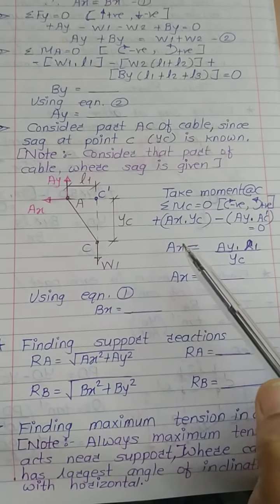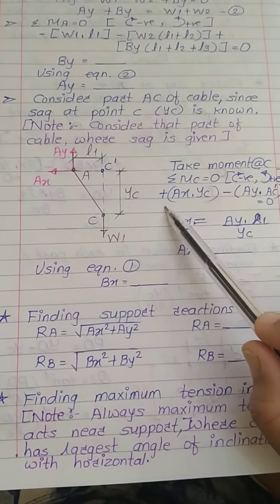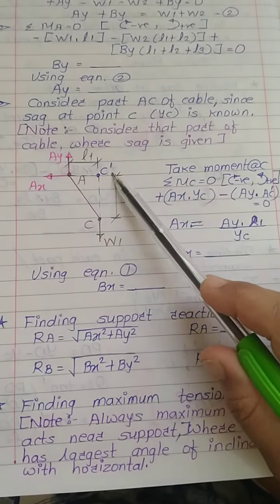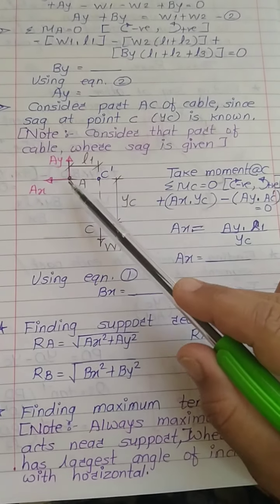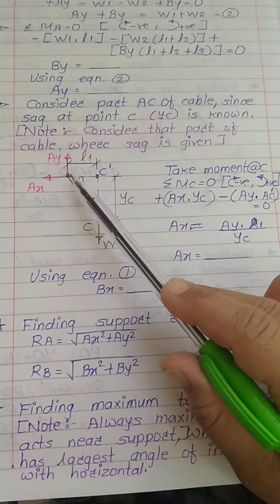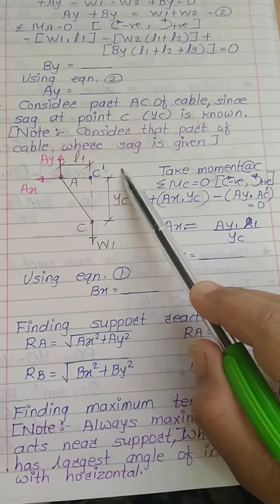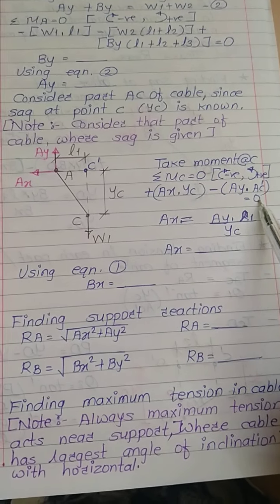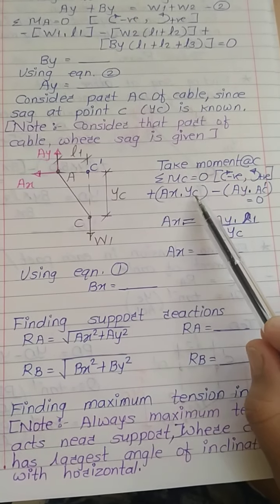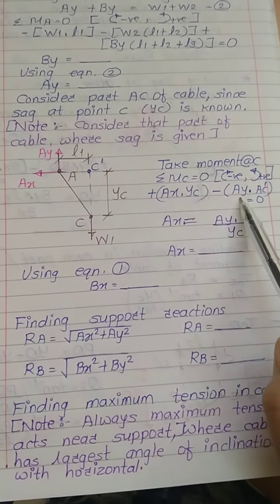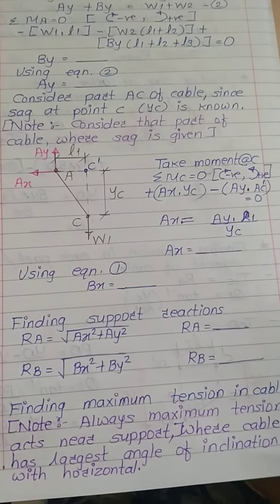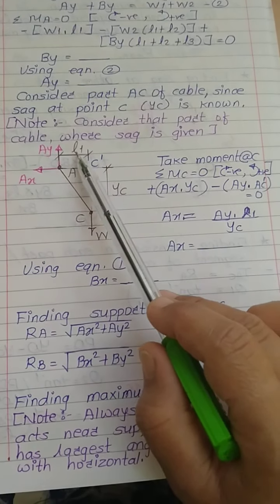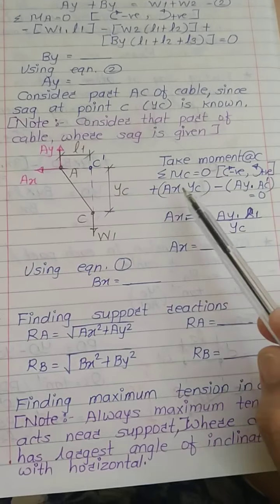So my equation will become plus Ax into Yc minus, because it is going to create clockwise moment, minus Ay into L1, which is distance AC dash, equals 0. If you observe this equation, Yc is known, Ay we have already calculated, and the distance AC dash means L1 is known, so the unknown is Ax.